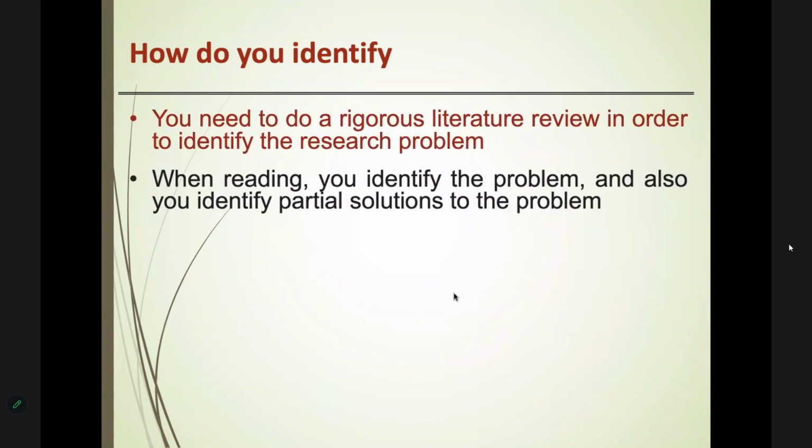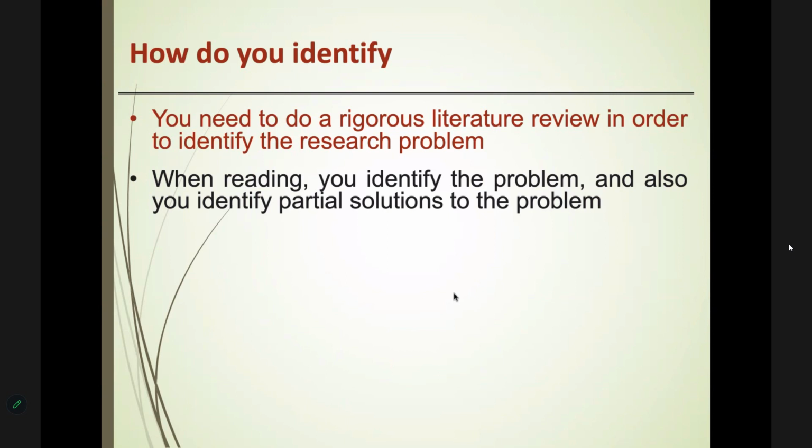So when you're reading, you identify the problem, and also you identify partial solutions, because you are not the only person doing research on that area, right? Any area that you select, you can find there are several people doing research on that area. So all the other researchers also have done some kind of partial solution for a problem.